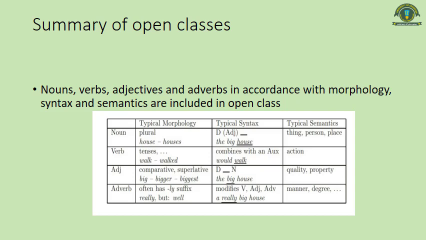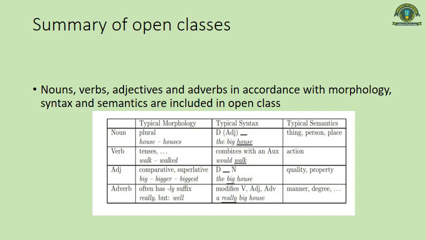And then typical morphology structure, for example, house and houses. For verb, tenses, walk and walked, and adjectives as big, bigger, biggest, and adverb really, but, well.